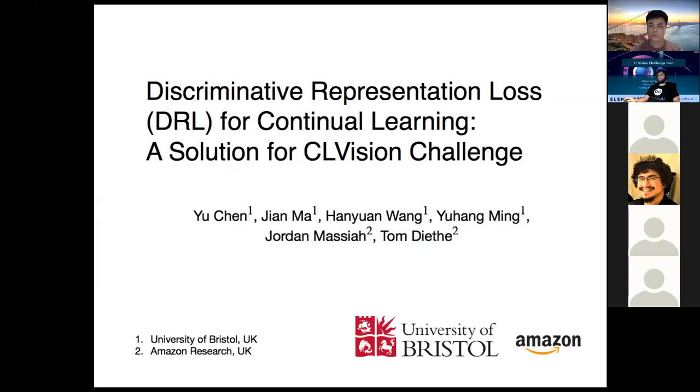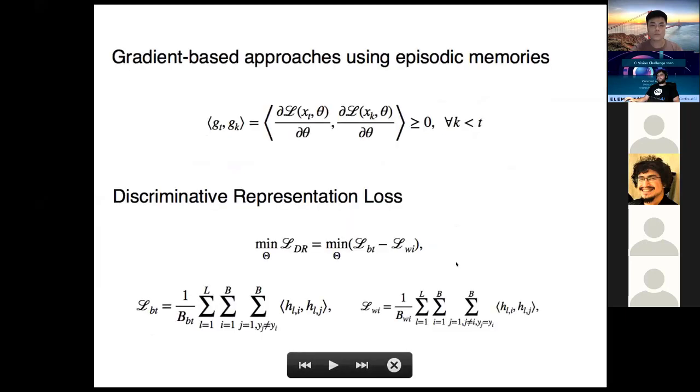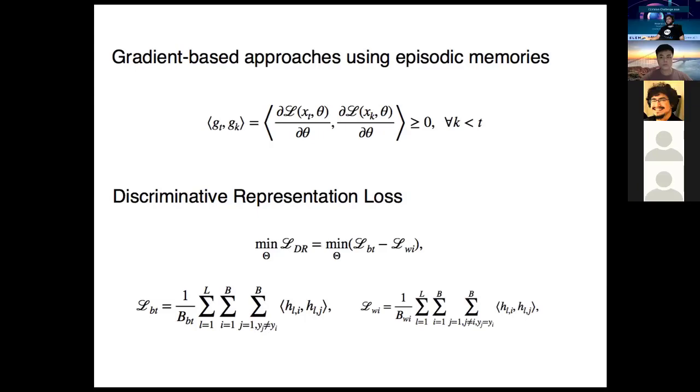The core idea is based on gradient-based approaches using episodic memories. If you have ever heard of GEM and AGEM, they basically use the samples in the episodic memory to generate gradients, and take the inner product of those gradients with the gradient of the current sample from the new data.